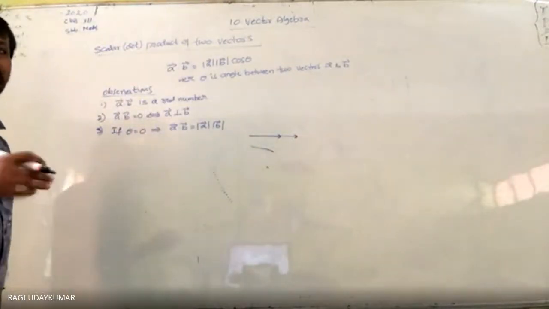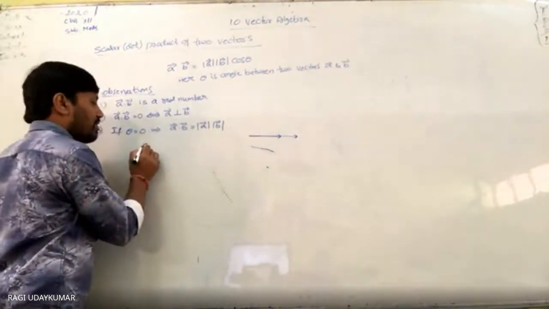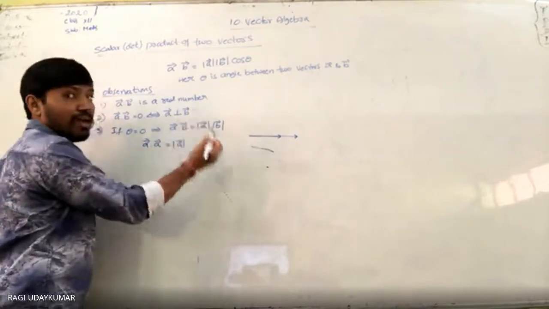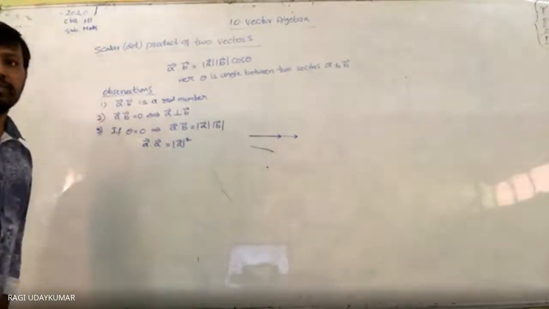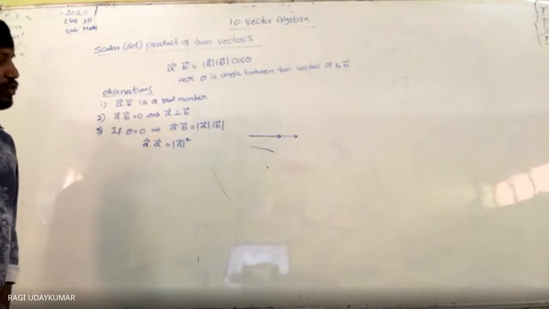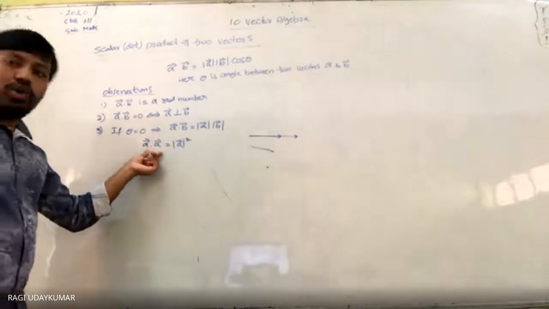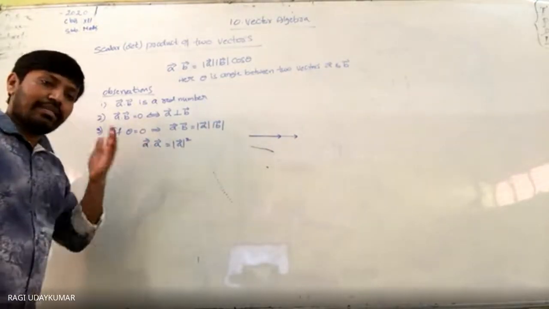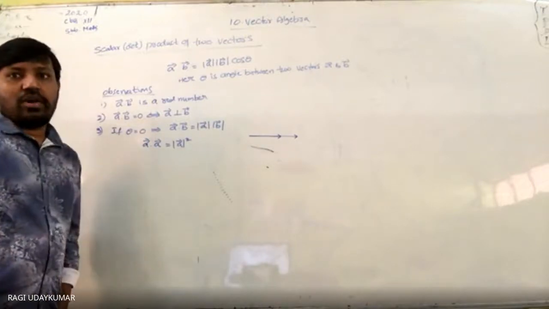Then the dot product can be written as magnitude of A bar into magnitude of B bar, which is magnitude of A bar square. Theta equals 0 because the angle between any two same vectors is always 0.